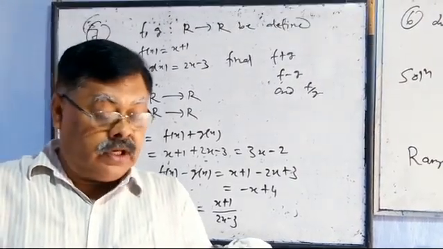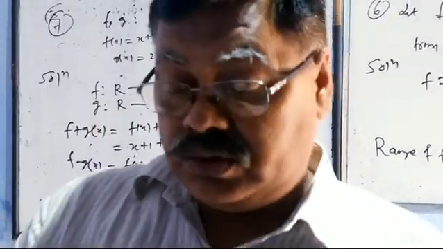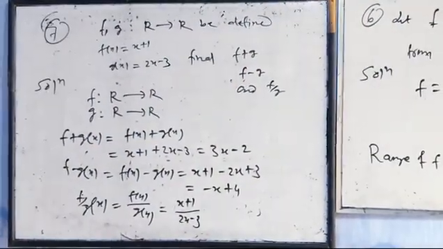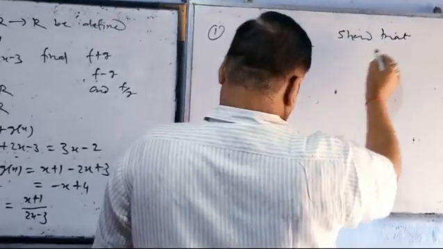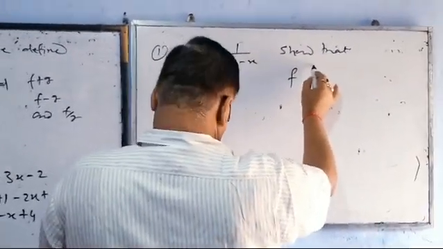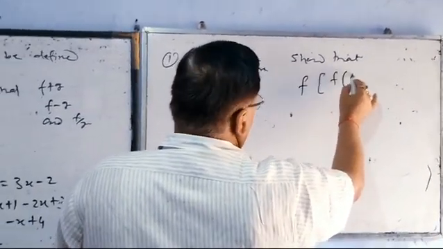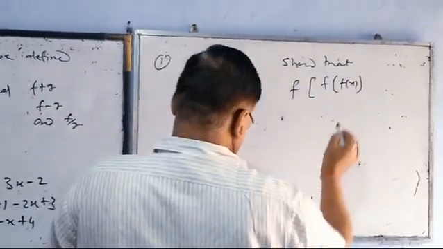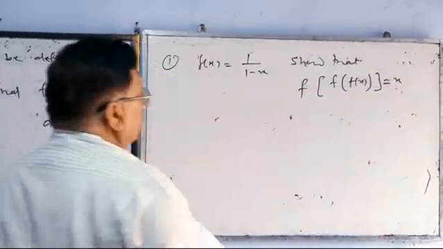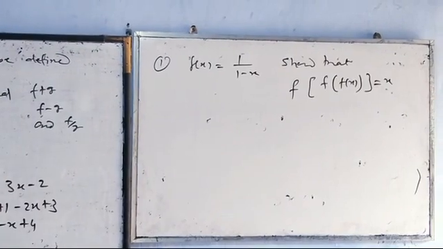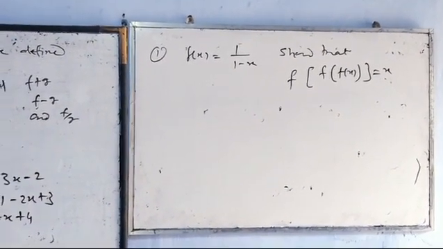Now I am taking a problem from another book, the next pattern of question, student. If f(x) = 1 by 1 minus x, we have to prove that f(f(f(x))) is equal to x.